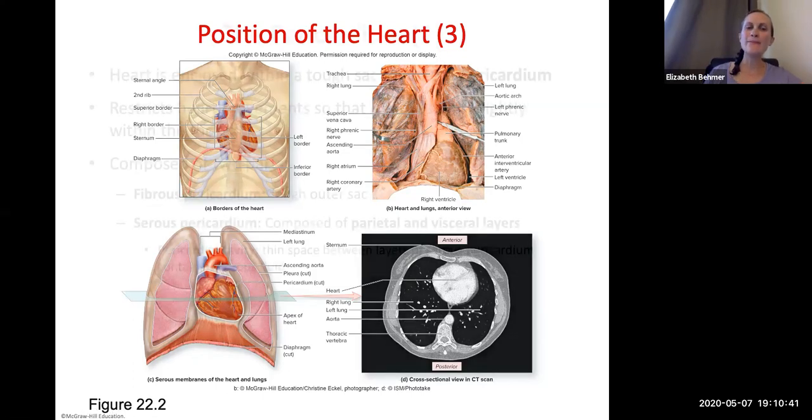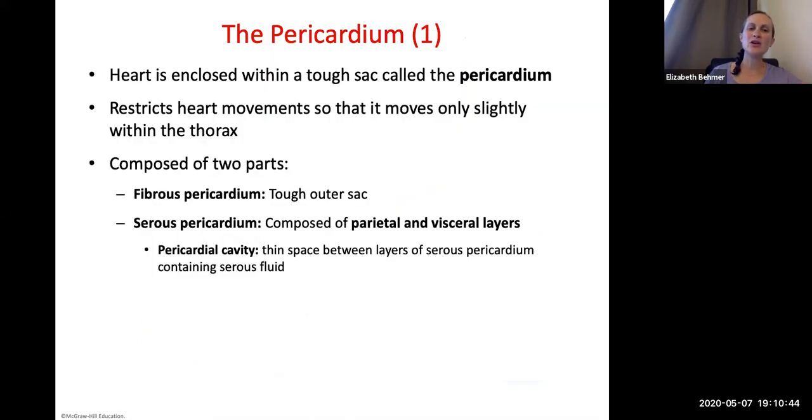Okay, so your heart itself is enclosed within a tough sac of tissue called the pericardium, which just helps the heart maintain stability within the thorax region. It's composed of 2 layers, a fibrous and serous pericardium. The serous pericardium has 2 layers to it, a parietal and visceral layer.